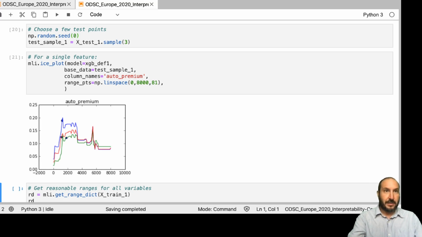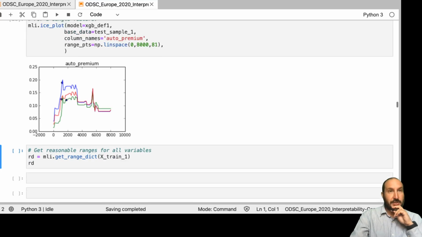So if they're spending $1,250 for their auto premium, they're going to buy it 20% of the time. But if they're spending $1,350 on their auto premium, their probability of buying an umbrella policy is going to drop down to 15%. And you can ask yourself whether you believe that or not, or whether perhaps it's just overfitting or finding some spurious correlations.